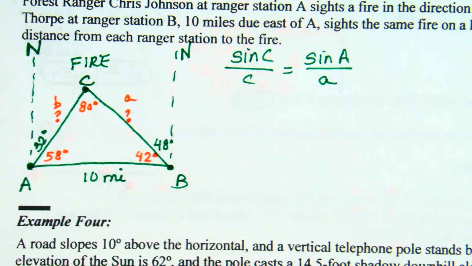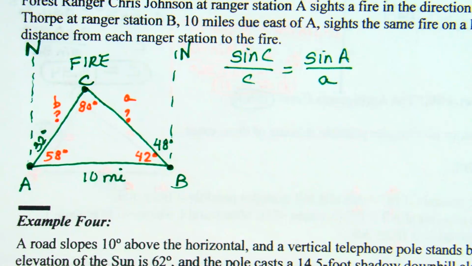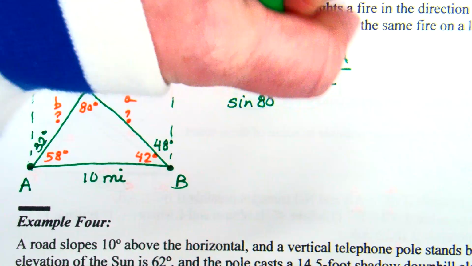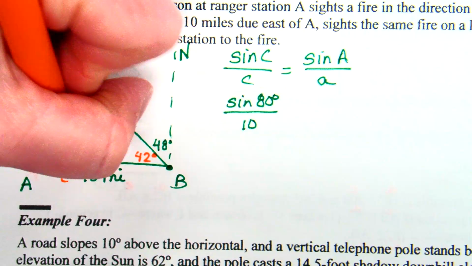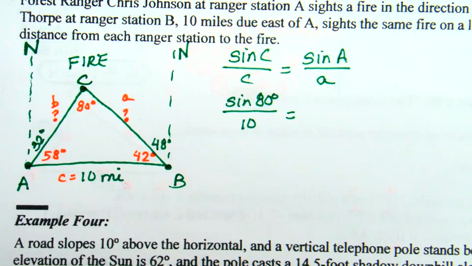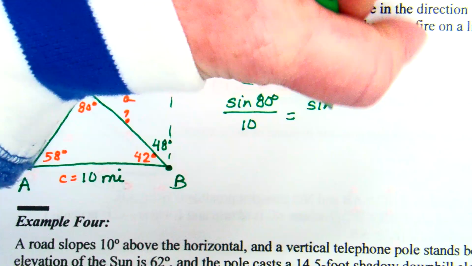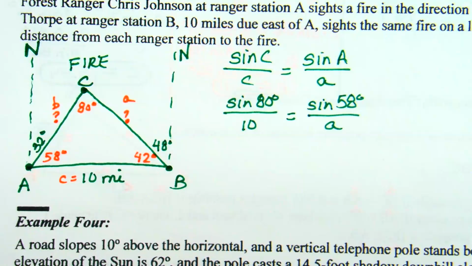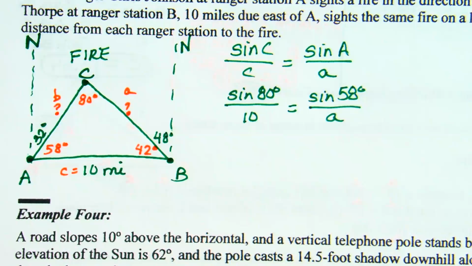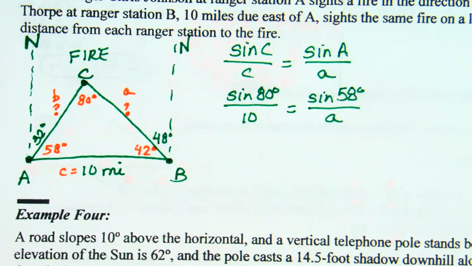Sine C over C, because we know angle C and side C. Whichever you want to start with, I'll start with A. So sine C over C equals sine A over A. So sine of 80 degrees over side C. I labeled it as 10, I didn't label it as C. So sine 80 degrees over 10 equals sine of 58 degrees over A.